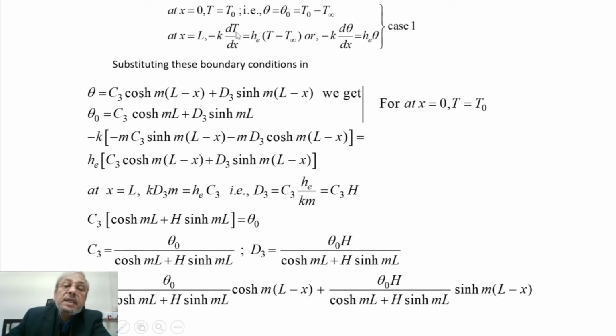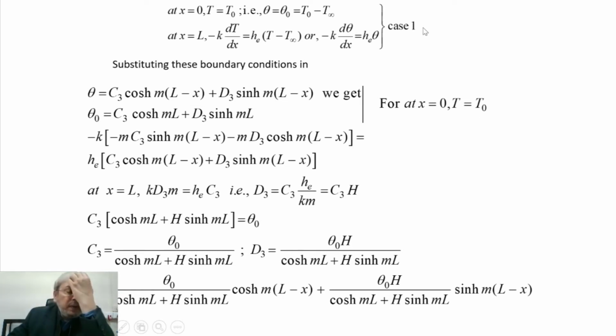So minus k dT/dx into end area equal to h_e into end area (T minus T infinity). End areas are the same, get cancelled out, and so we can write minus k d theta/dx equal to h_e into theta.